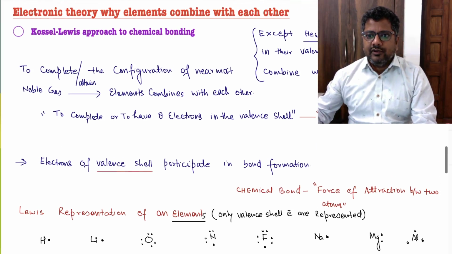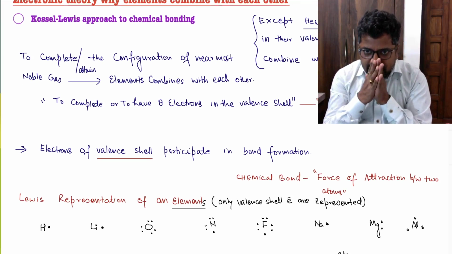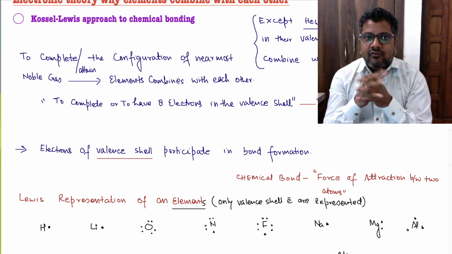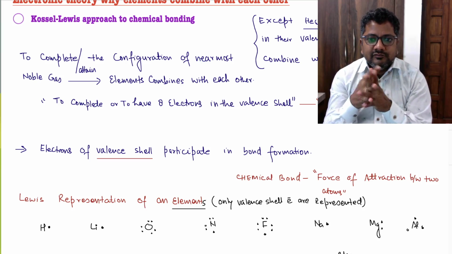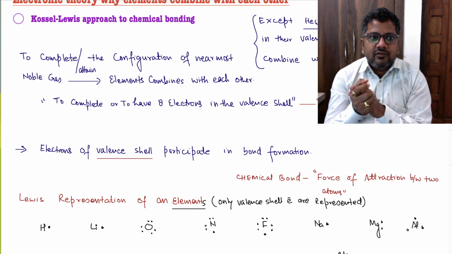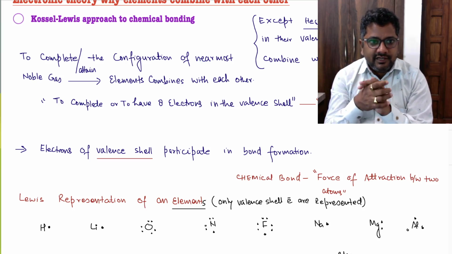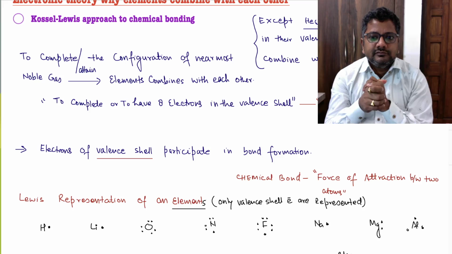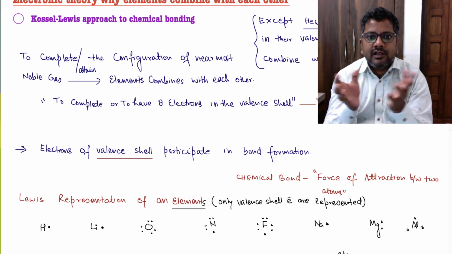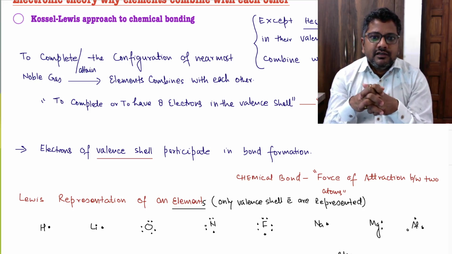So hopefully all of you are clear why elements combine. Elements combine to complete the 8 electrons in the valence shell in most cases. A more general statement is to attain the configuration of the nearest noble gas.